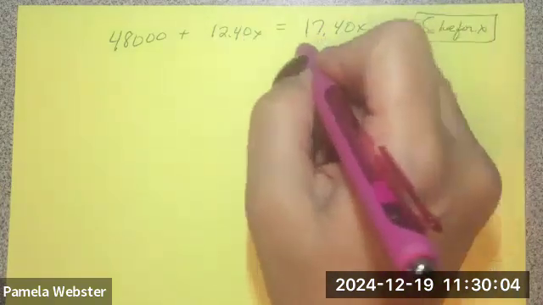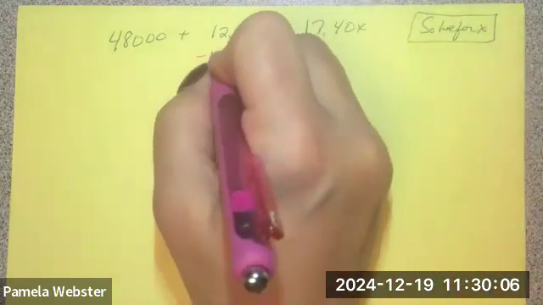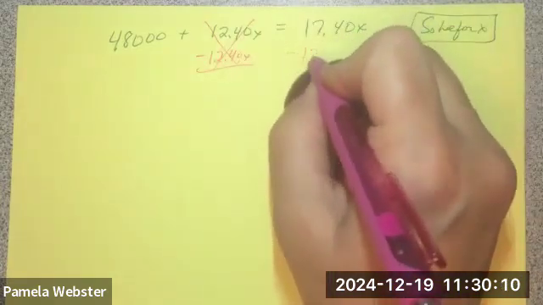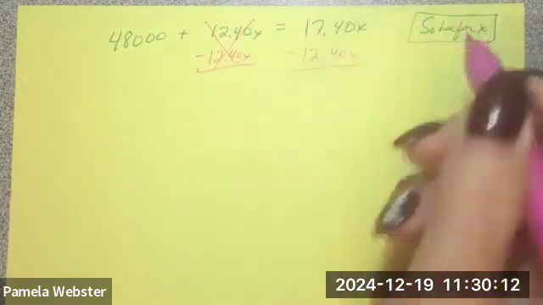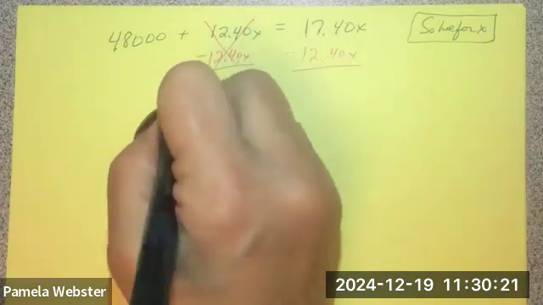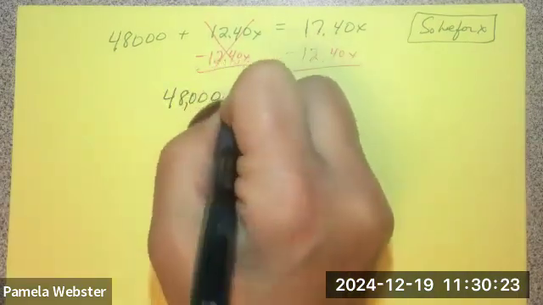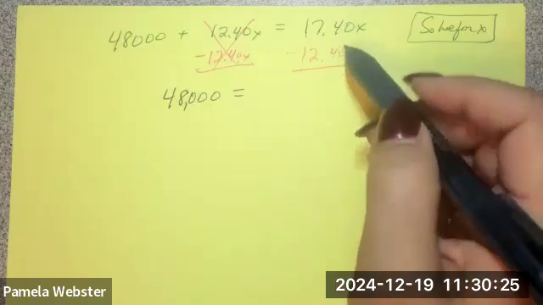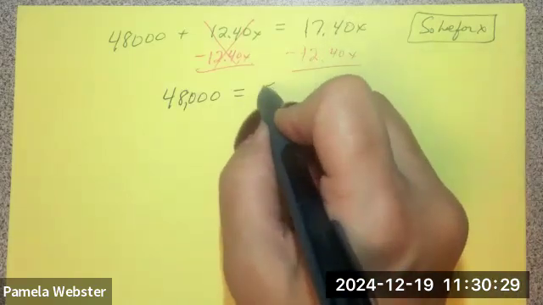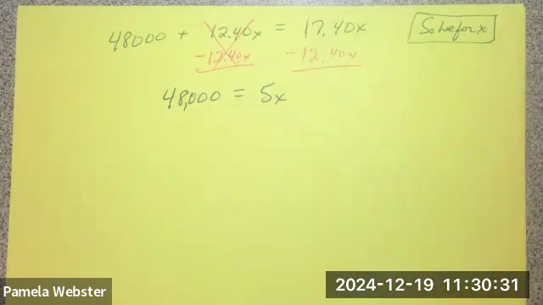I see that the bigger coefficient is on the right, so I'm going to subtract the 1240x from the left-hand side and move it to the right-hand side. The 1240x on the left goes away, which is great. On the right-hand side, I've got 1740 minus 1240, which is 500x, right?